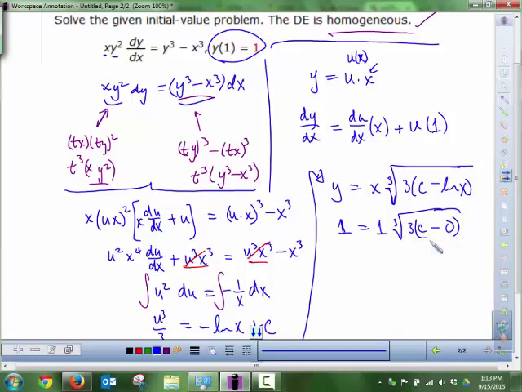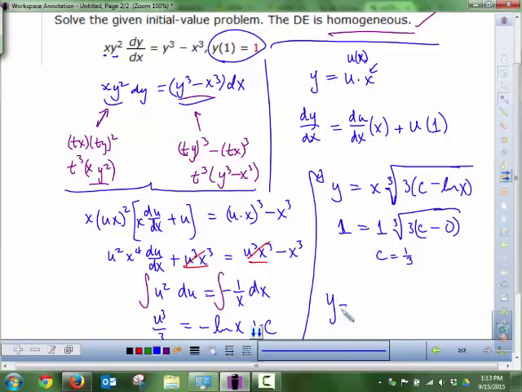So c becomes negative cube root, or 1 over cube root of 3. Is that right? No. You have to cube both sides, and so just 3, or 1/3. 1/3.